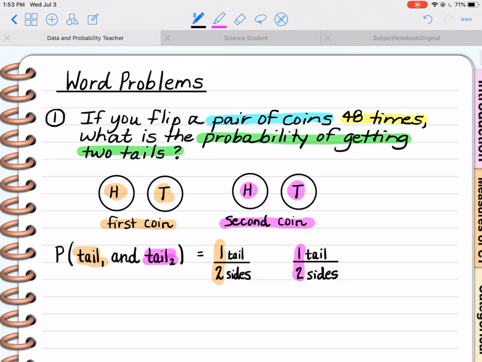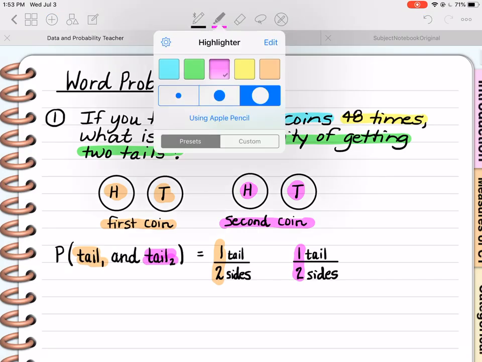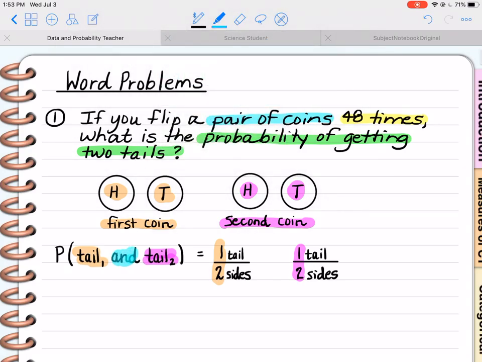So you're doing 2 separate probabilities, and here's the magic thing, the word and. That means multiply. Okay, so on your calculator you're going to have to multiply 1/2 times 1/2. And you should get 1/4.